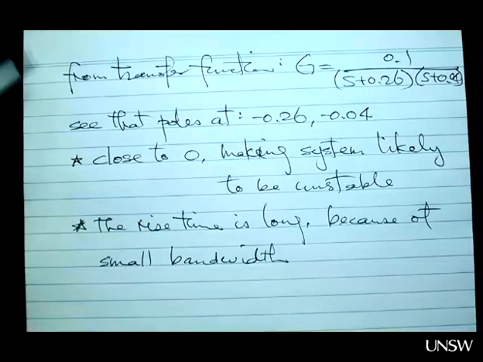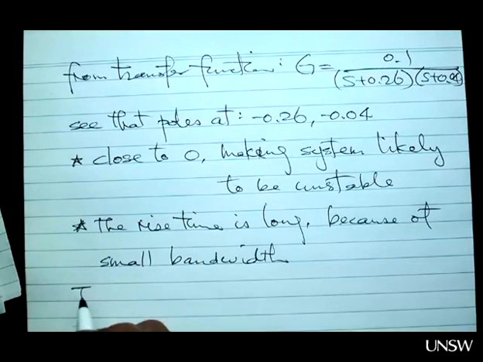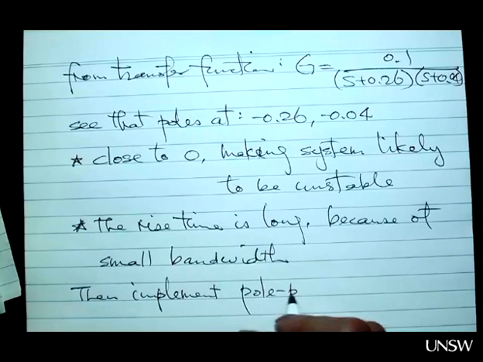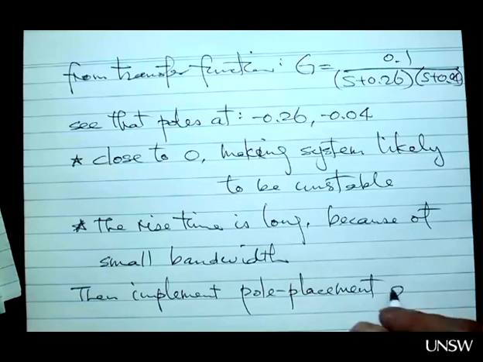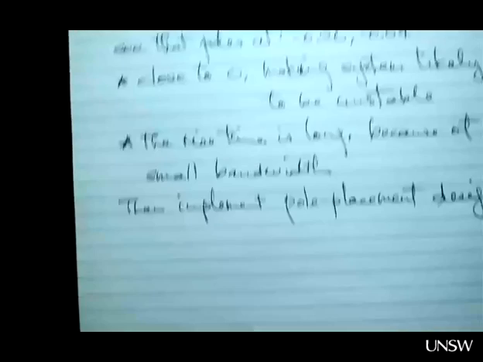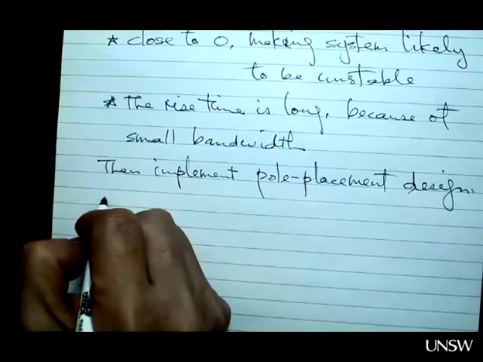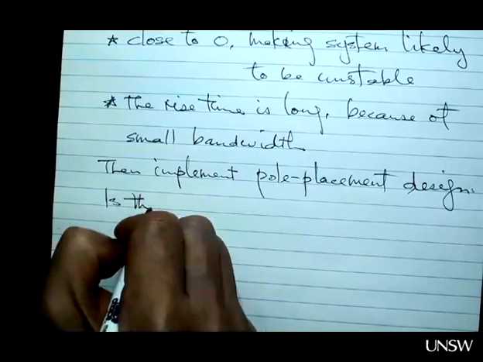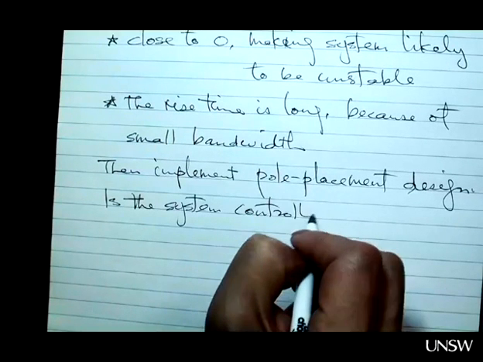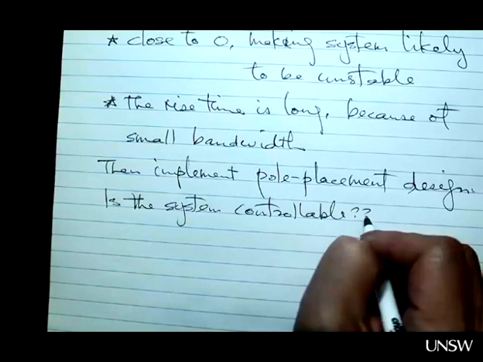Then what shall we do? Okay, then implement pole placement design. So the first question is, is the system controllable? Okay, then we check the matrix.